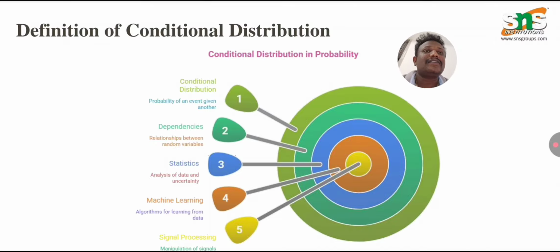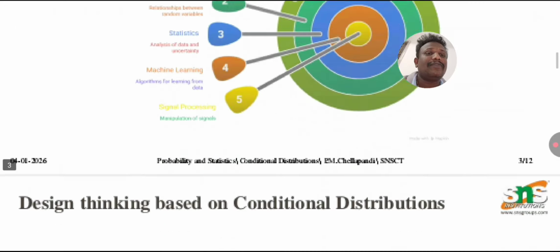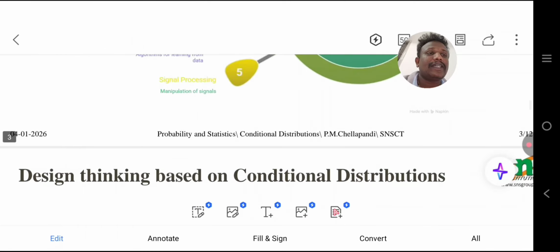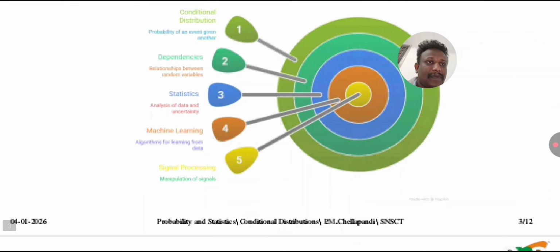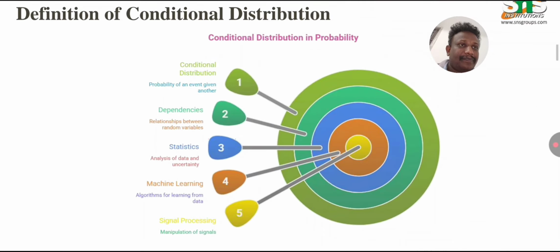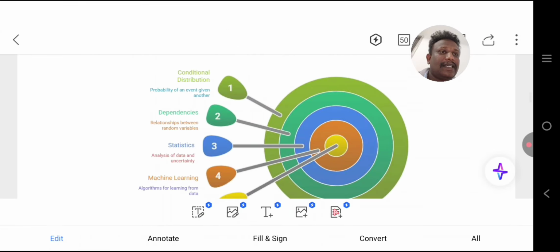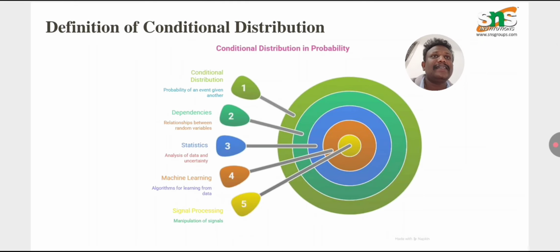Next, we use the formula for the conditional PMF, that means conditional probability mass function.